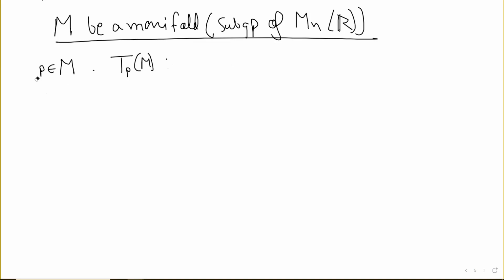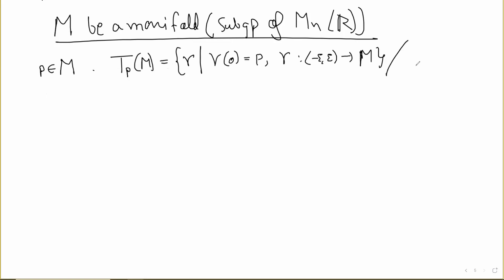I take gamma such that gamma(0) equals P, and quotient by a relation: gamma_1 equals gamma_2 if gamma_1 restricted to some interval equals gamma_2 restricted to some interval. Is this fine?